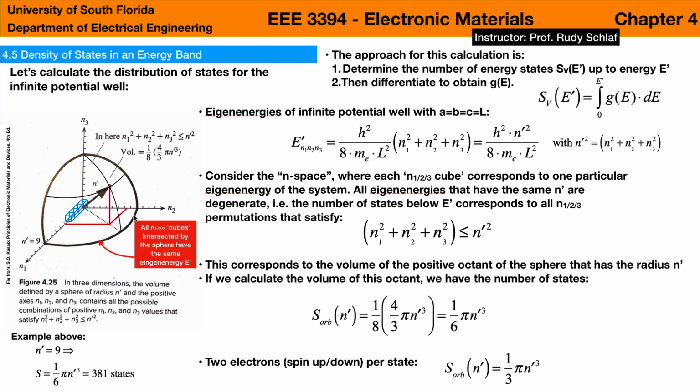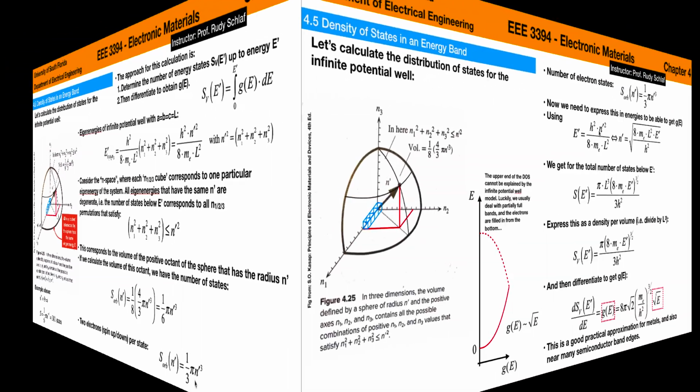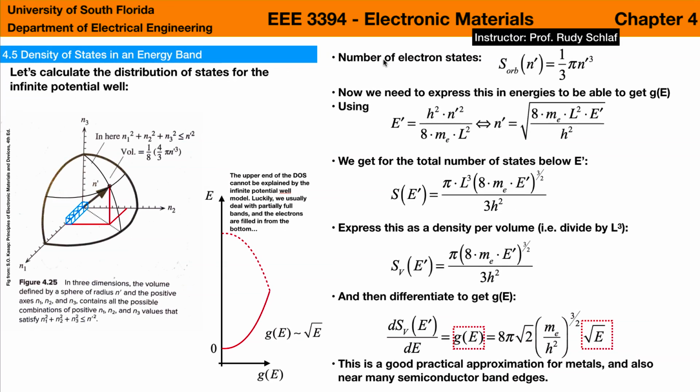At this point we're not quite done yet, because each of the states can be occupied by 2 electrons, one spin up, one spin down, and that's why we need to multiply this by 2, and so we end up with this here. At this point we know the number of electron states below E prime, but we only know it dependent on n prime.